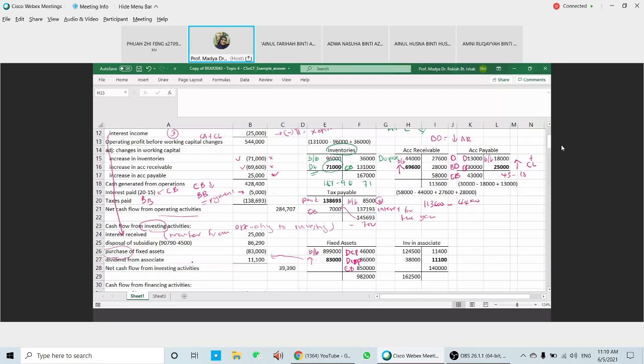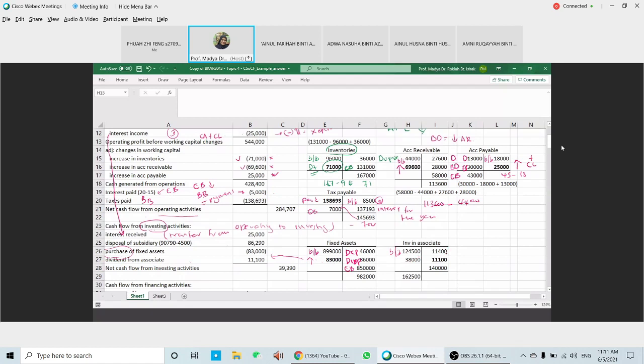Okay, the next one you have dividend from associate. Okay, how to calculate dividend from associates here? So investment in associate, if you look at here, investment in associate is your asset. So this is your beginning balance, 124,500.